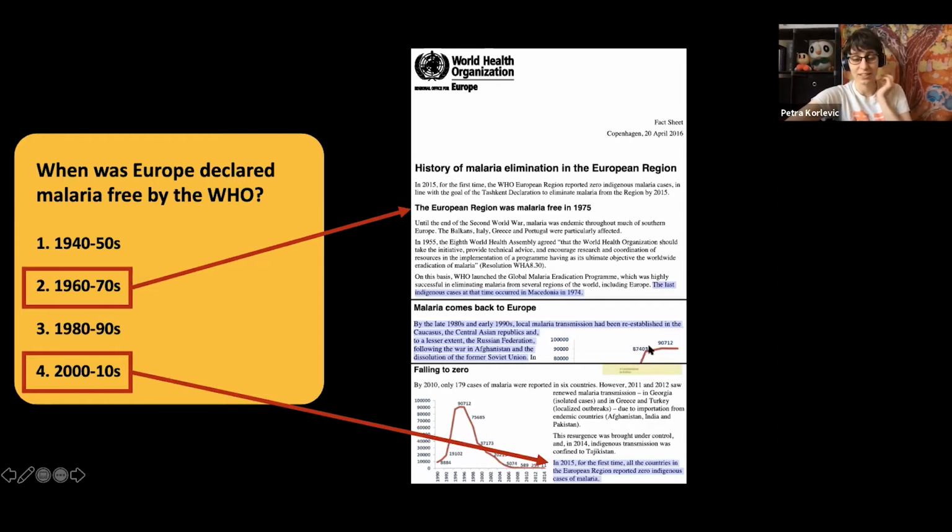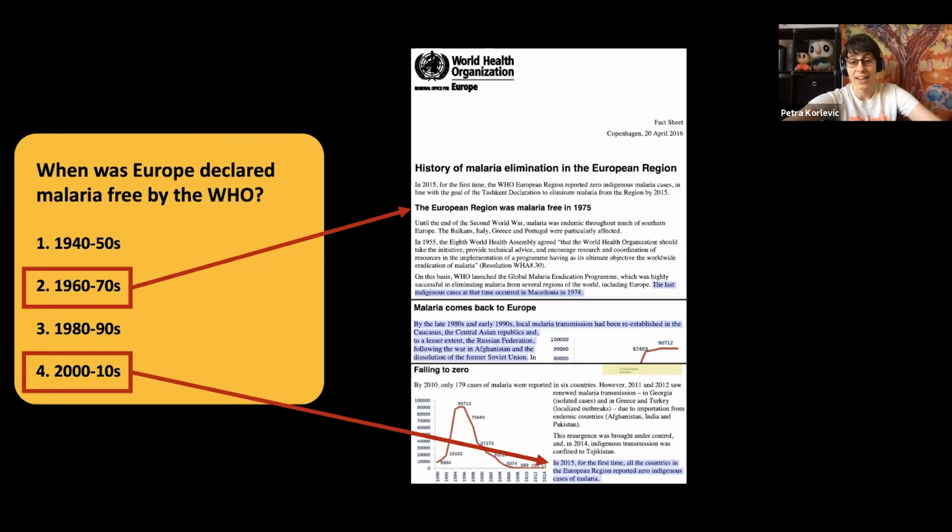I had to cut the graph here, but basically we were then back to almost 100,000 cases per year, which was mostly due to Caucasus, Central Asia, Russia, Afghanistan. There was a lot of things in Europe happening in the late 80s and early 90s, including a lot of wars and unrest, which usually comes with diseases.